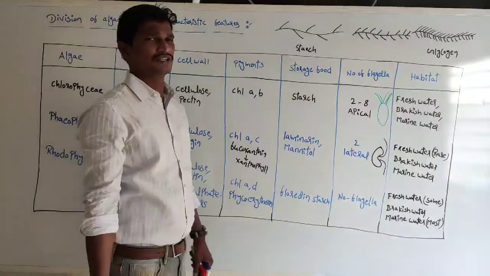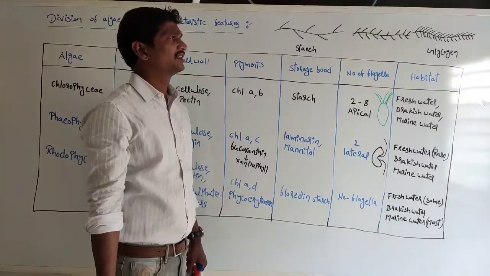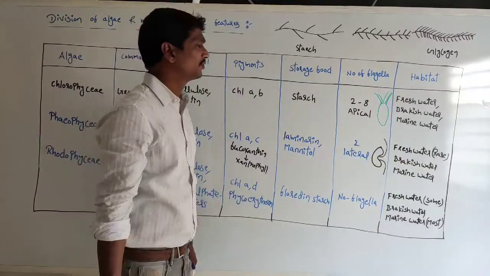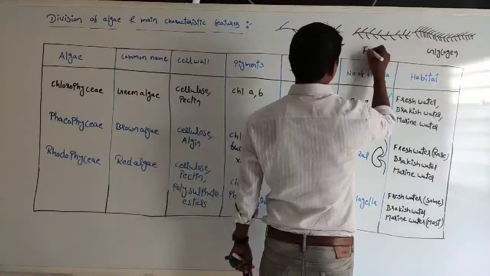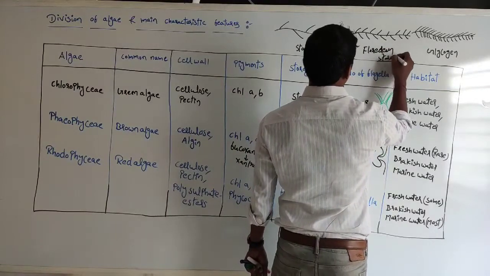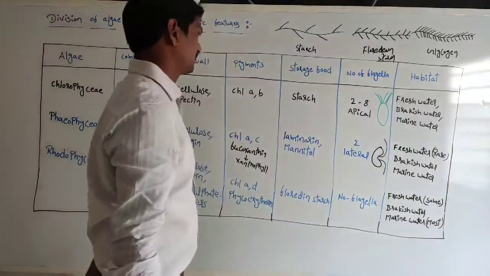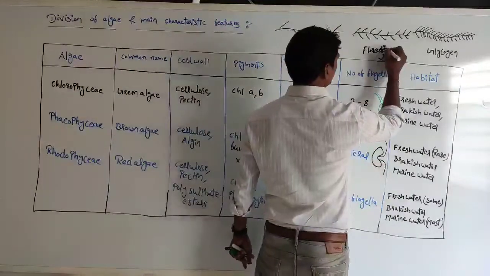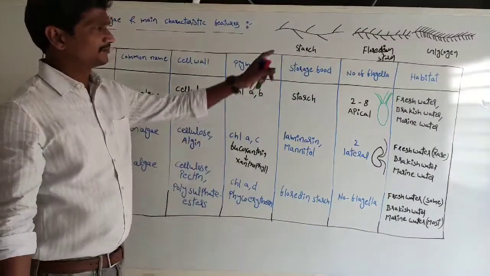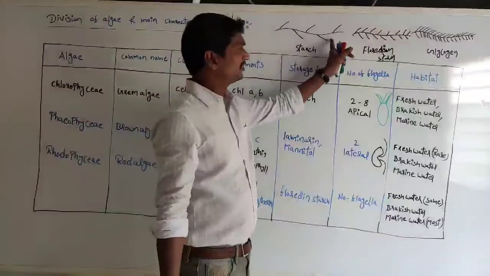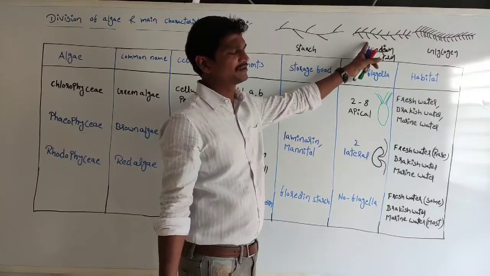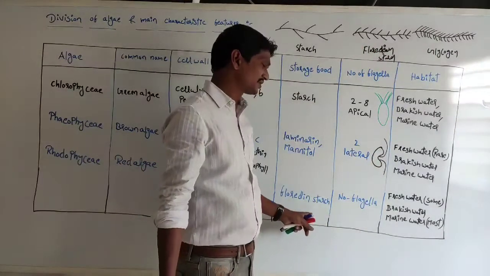In starch, fewer branches; in glycogen, more branches; but in floridean starch, there are intermediate branches, meaning not a small number and not a large number, but a moderate number of branches. That is about floridean starch.